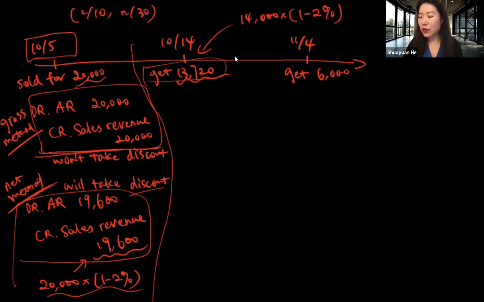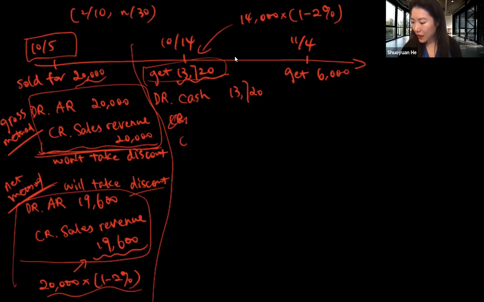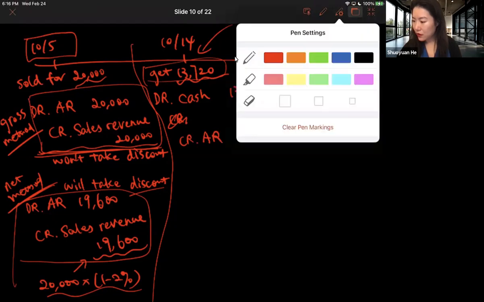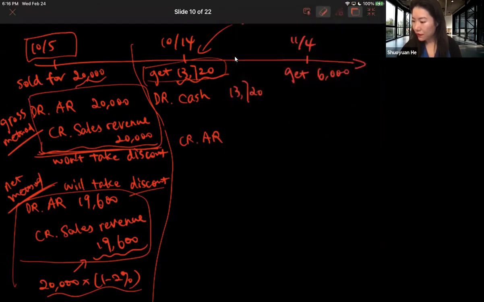Under the gross method, we are assuming the customer won't take the discount. So what if the customer actually paid back early? So the customer takes the discount. So my journal entry now is I get cash $13,720 and I credit accounts receivable of $14,000 because this is for paying back $14,000 of my $20,000.